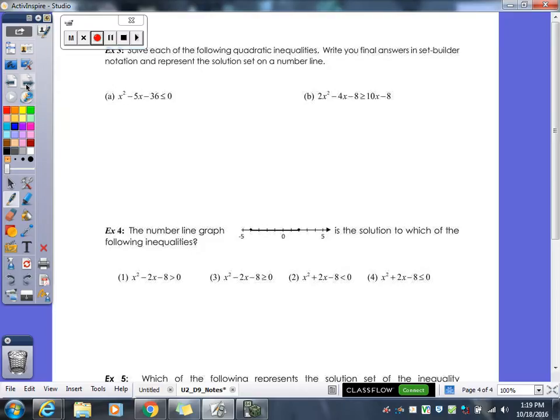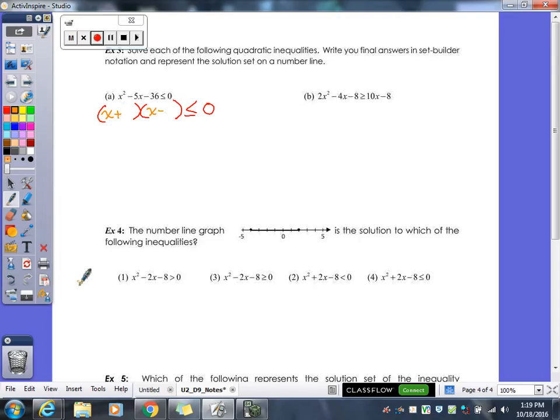Okay, so when you are solving your quadratic inequalities, you want to do like you would for any quadratic. You want to get everything on one side and a 0 on the other side. So my example A here is already set up perfectly. I got everything on one side, my 0 on the other side. So we're going to start with some factoring. We're going to factor our x squared minus 5x minus 36. Will our signs be the same or different? Different.